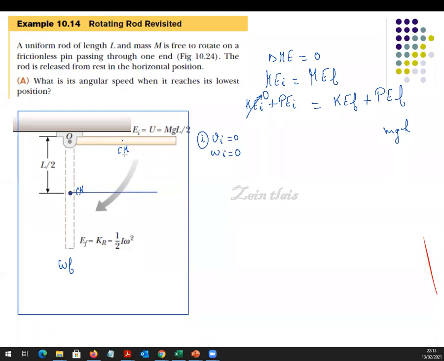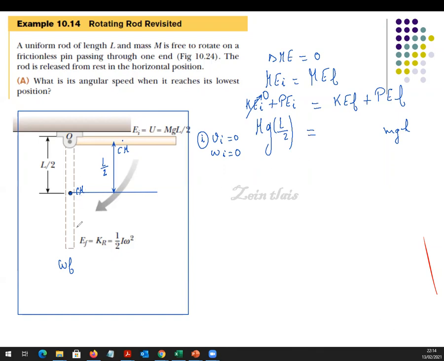The height will be from this point to this point, and this height equals L over 2. So the initial potential will be mg times L over 2. We have only one object.